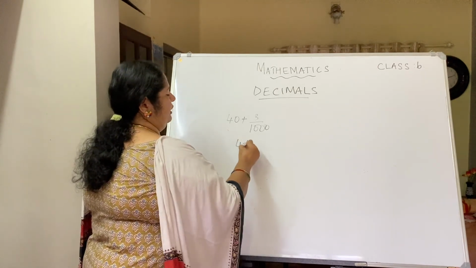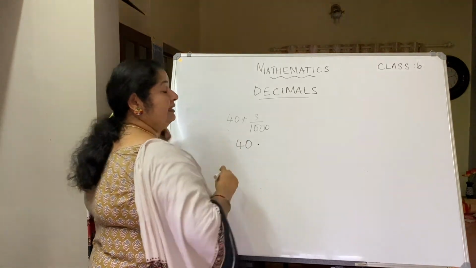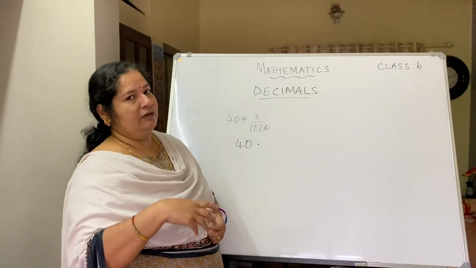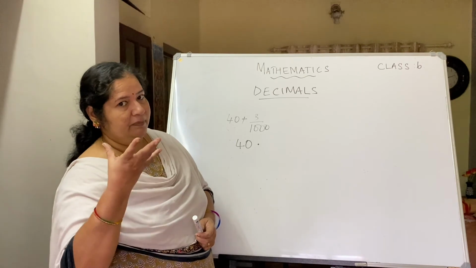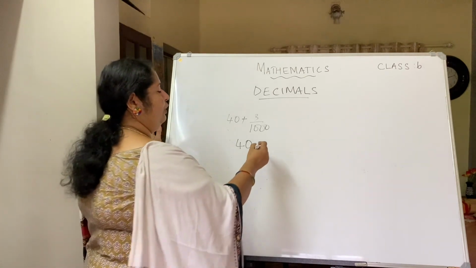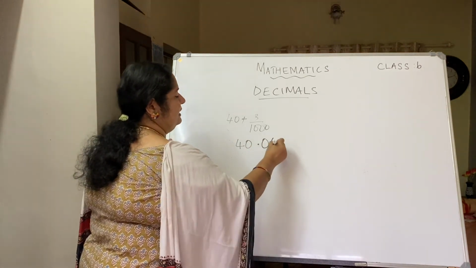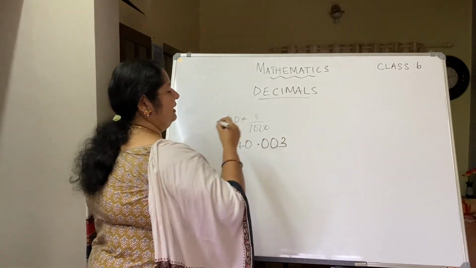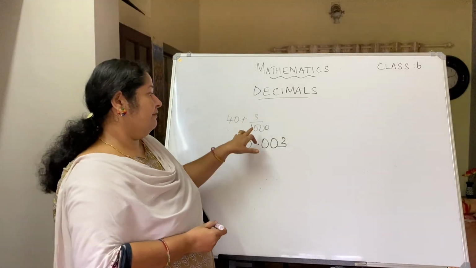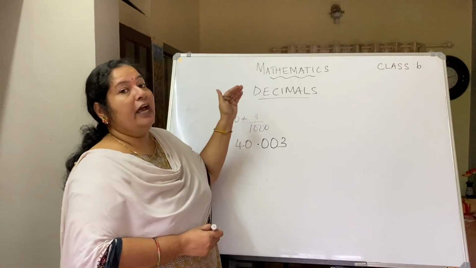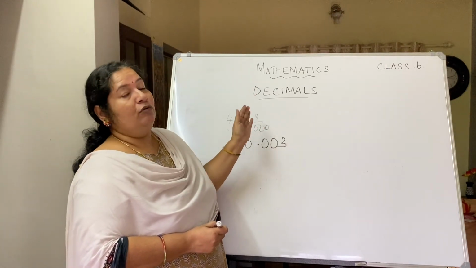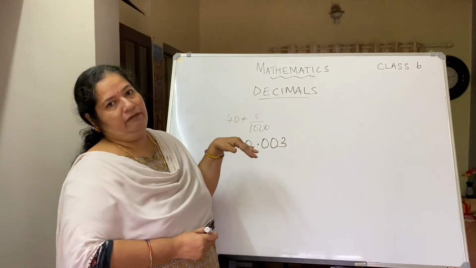So this will be 40.3 by 1000. 3 by 1000 means you don't have any digit coming in the tenths place as well as the hundredths place. Shall we leave it like that? No. We'll be putting a 0 in the tenths place, 0 in the hundredths place, and 3 in the thousandths place, because the value is 3 by 1000. So if the place value is given, how to write it as a decimal also we have learned.